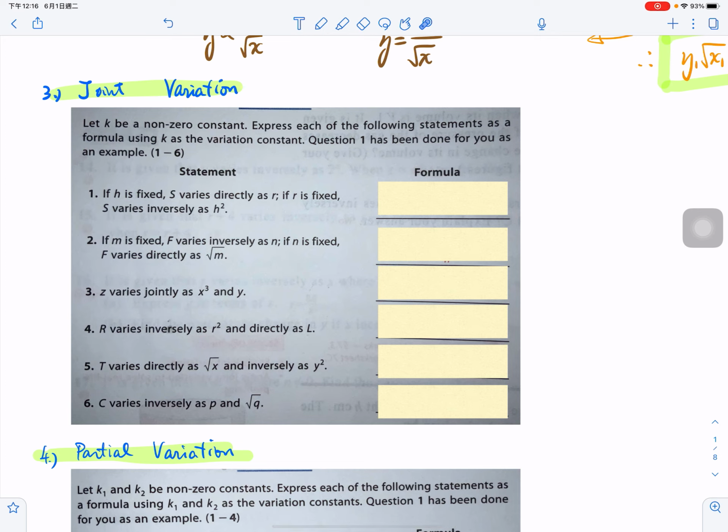Here, give you as an example, question 1, h is fixed and s varies directly as r. That means s varies directly as r. And the other one, if r is fixed, s varies inversely as h squared. That means s inversely varies as h squared. So as a result, you can write s equals k r over h squared.